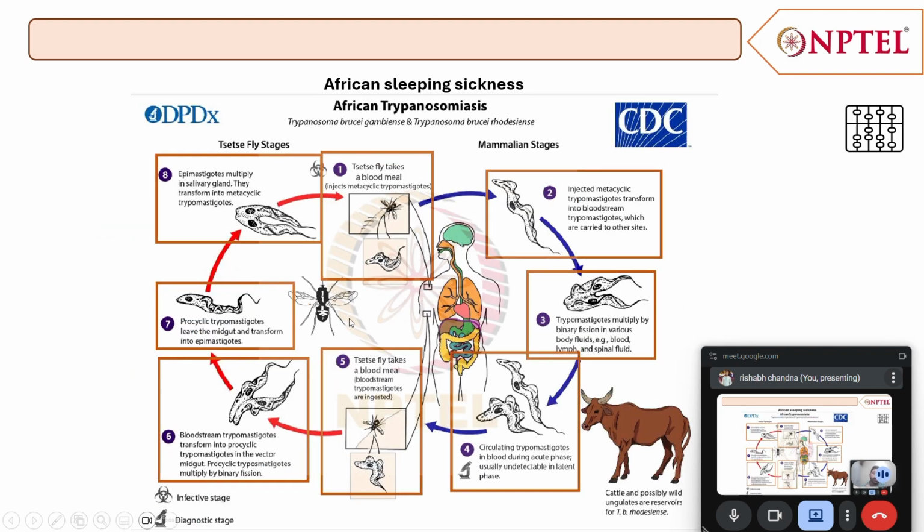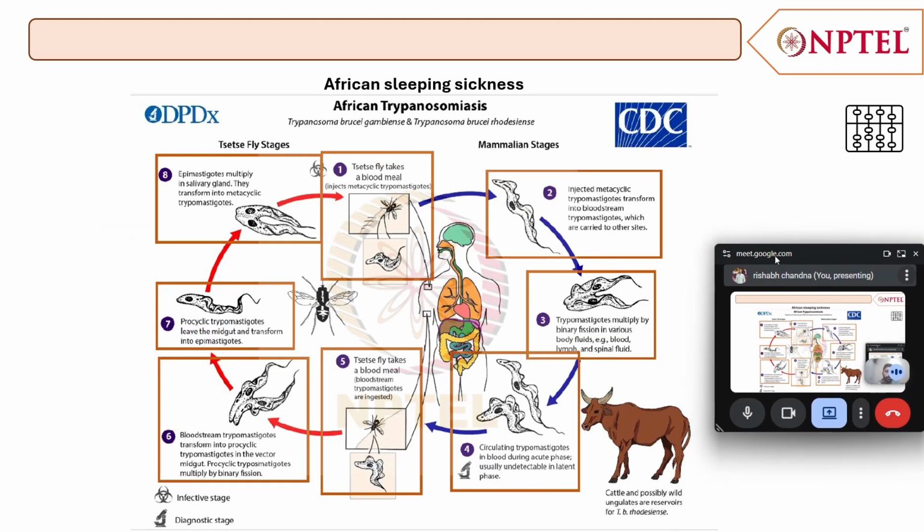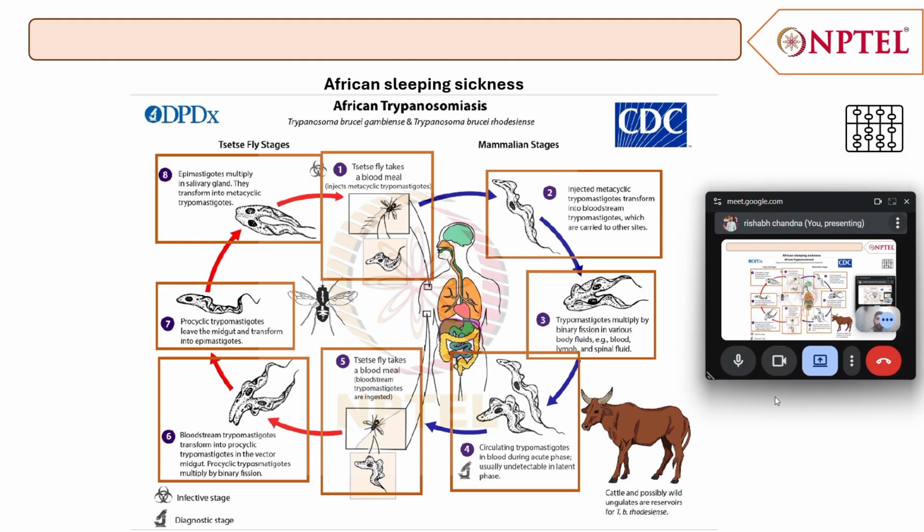Okay, so as with Plasmodium, it also follows two major infection cycles. First is in the humans. When the fly takes a blood meal, it injects the metacyclic trypomastigotes into the humans. The infected metacyclic trypomastigotes transform into bloodstream trypomastigotes, which are carried to other sites.